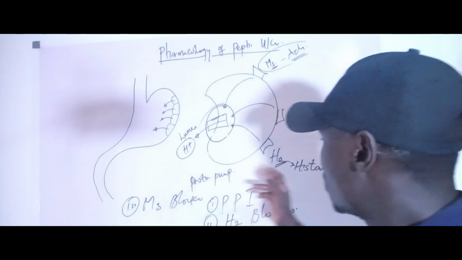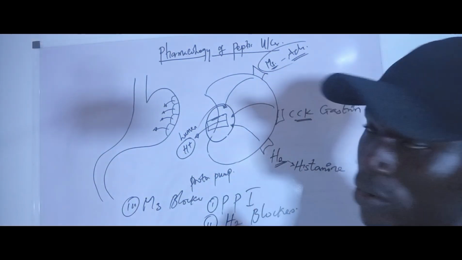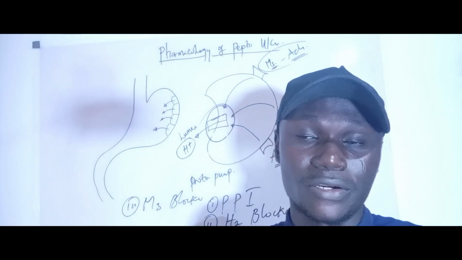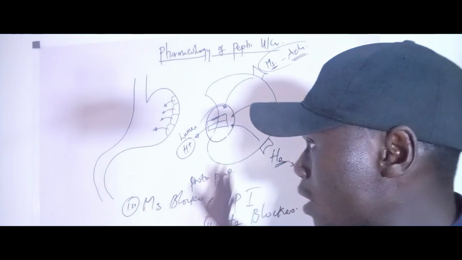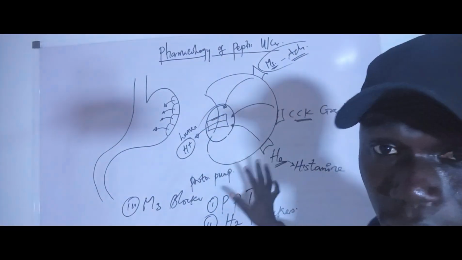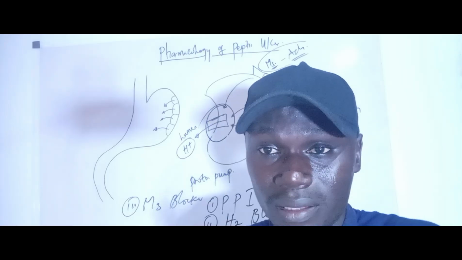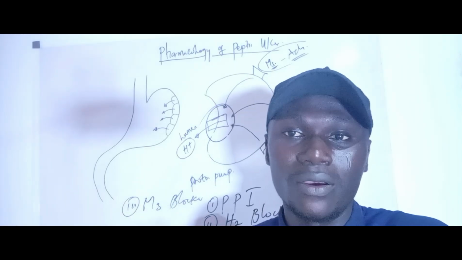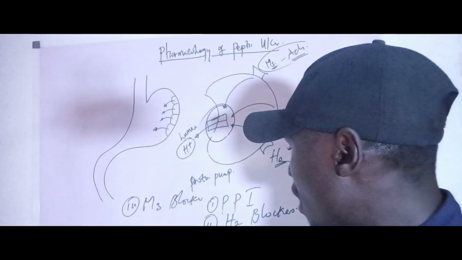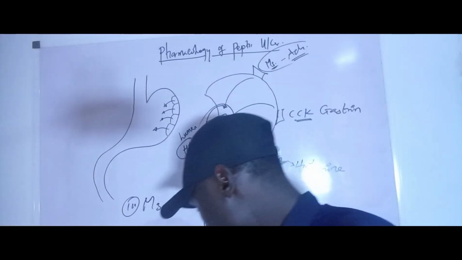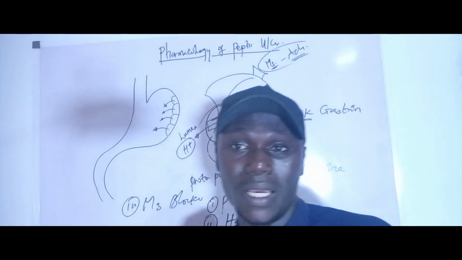If we can also inhibit these receptors, we can also reduce the acid secretion. All these drugs we're talking about now work by reducing acid secretion. Is that clear? All right. We'll move further and talk about proton pump inhibitors in the next video.